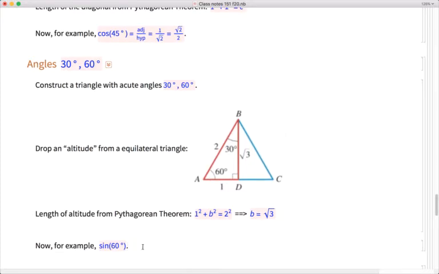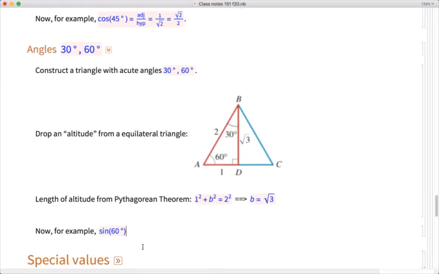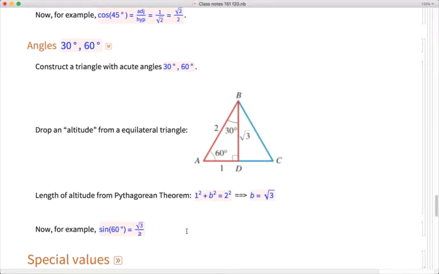So we can compute any of the trig ratios for either of those two angles now. Let's try sine of 60. So 60 right here, the sine is opposite over hypotenuse. Opposite 60 is root 3, so this would be square root 3 on top, and the hypotenuse is 2. Maybe let's just do one more.